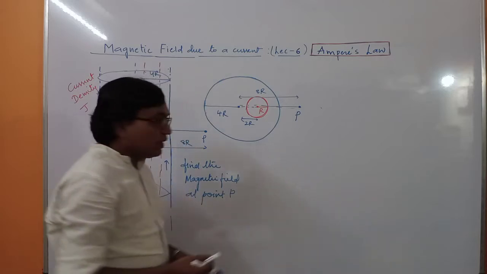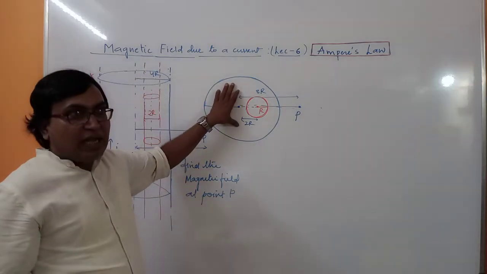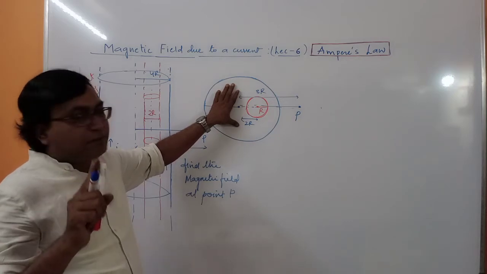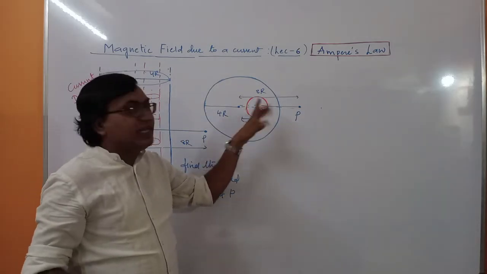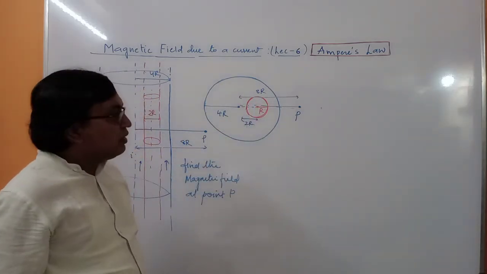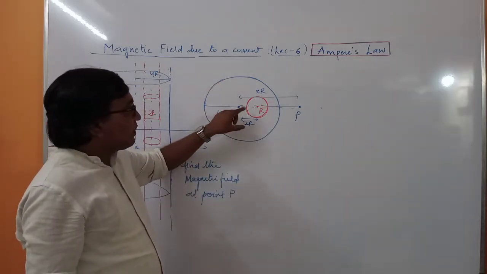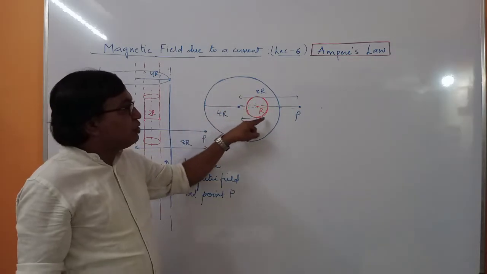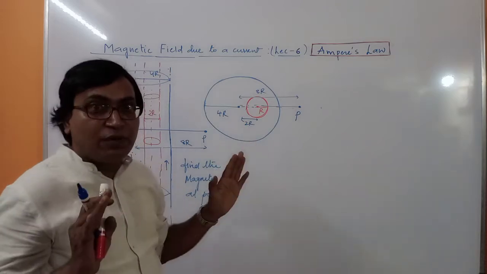So to solve this problem, we'll see this as two cylindrical wires. One cylindrical wire of radius 4r, another cylindrical wire of radius r. Now when you superimpose the smaller wire on the bigger wire, the total current through this cross section of radius r should become 0.